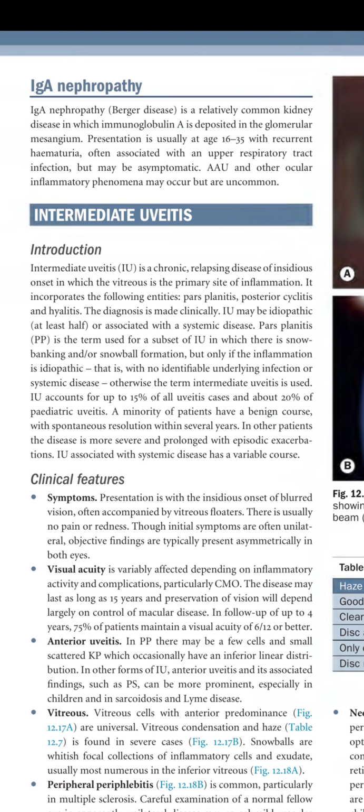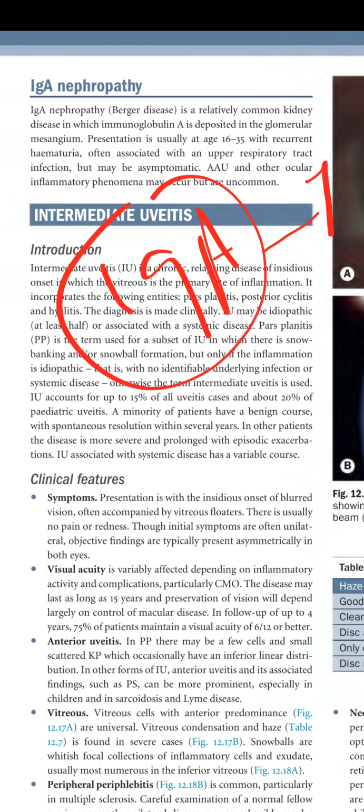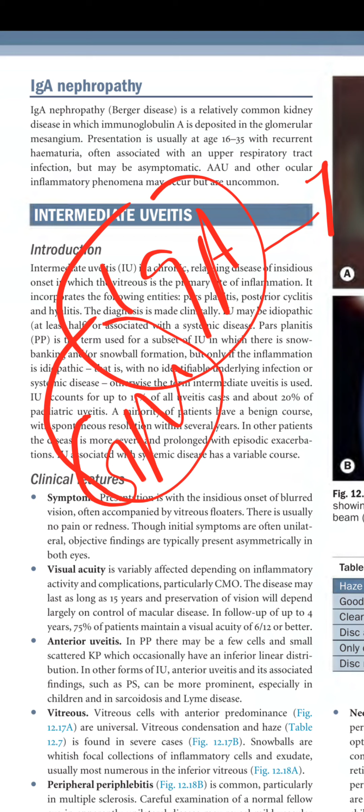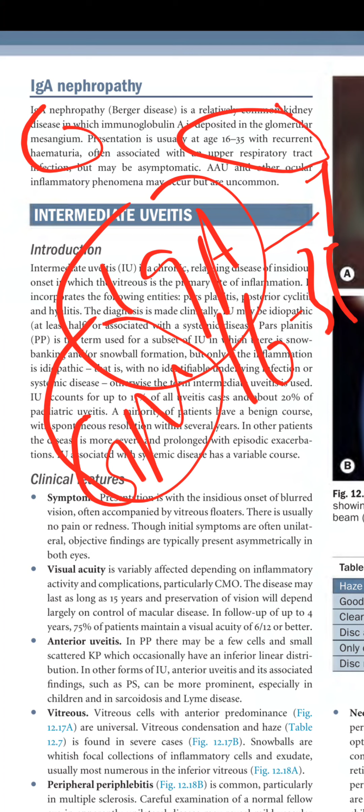Acute anterior uveitis and other ocular inflammatory phenomena may occur but are uncommon. So basically, IgA nephropathy is also a renal disease in which IgA is deposited in the glomerular mesangium, presenting at 16 to 35 with hematuria and upper respiratory tract infection. In terms of ocular features, acute anterior uveitis can occur with it.